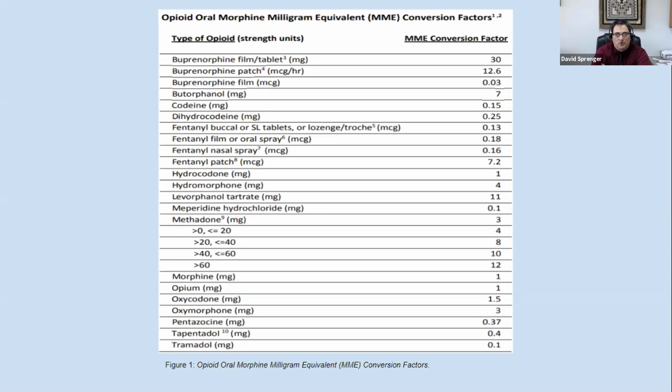Theoretically, starting on the most conservative dosing of buprenorphine, you're already giving them significant analgesic relief, at least in a standardized fashion. The patches' strength is expressed in micrograms per hour through the transdermal system.